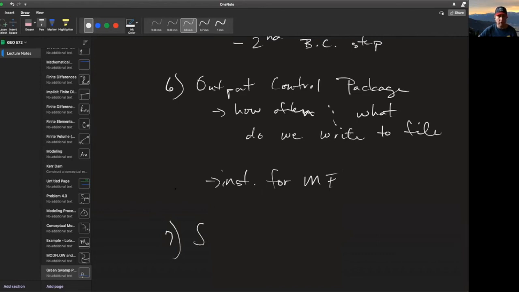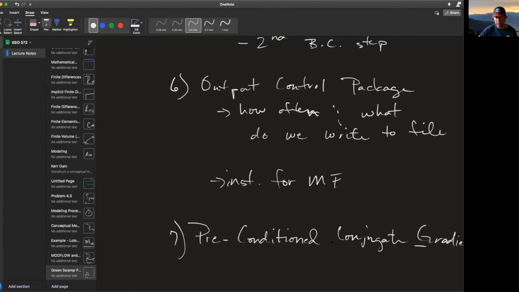And then also we're going to use a solver package. We're going to use the preconditioned conjugate gradient package, PCG. And this is the solver.